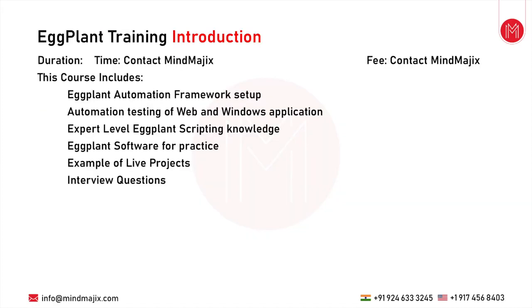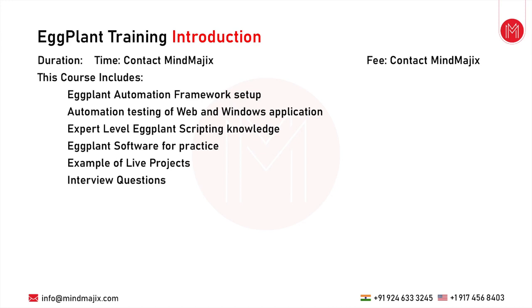Now the training duration would go for 20 to 22 hours, and again that depends on how you are grasping it. We'll have questionnaires as well, and based on your performance we can derive it. This course will include the Eggplant automation framework setup.